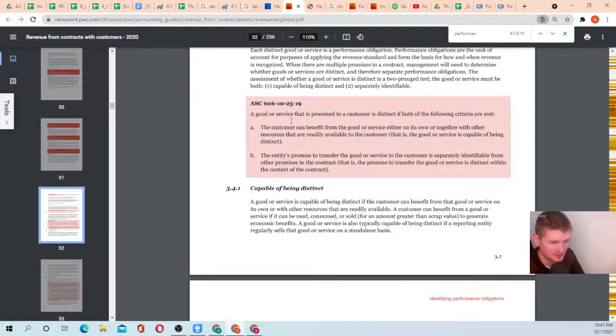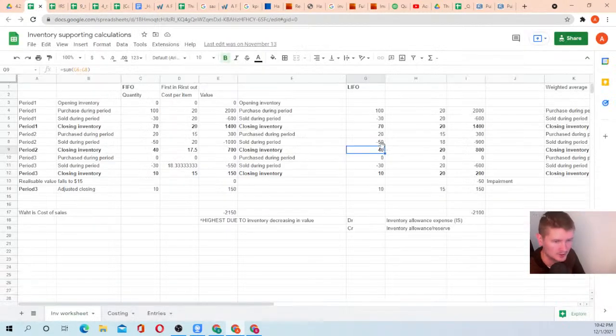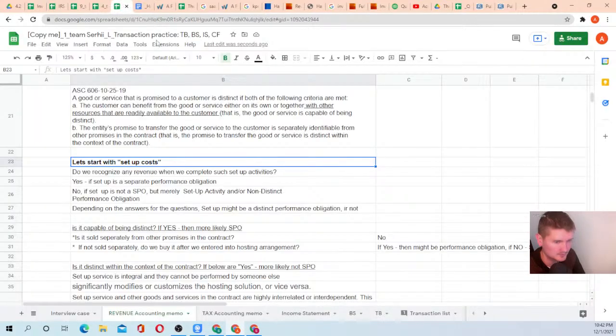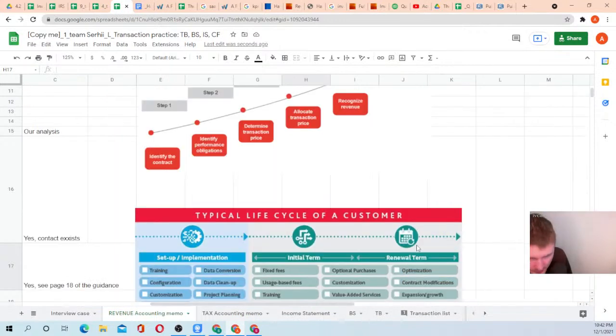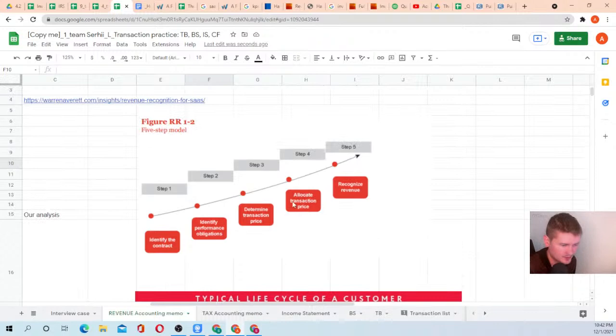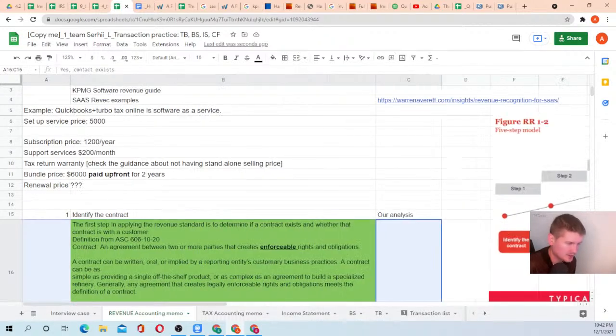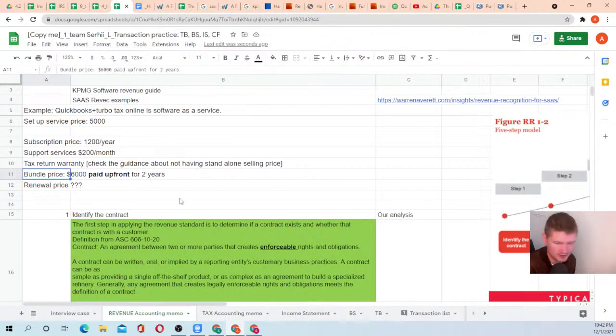If it is distinct, then some of the contract consideration should be allocated to it. If it is not distinct, no consideration should be allocated to it. What term do we use here? Transaction price. Yes. So contract consideration, transaction price, that's our 6,000 here.